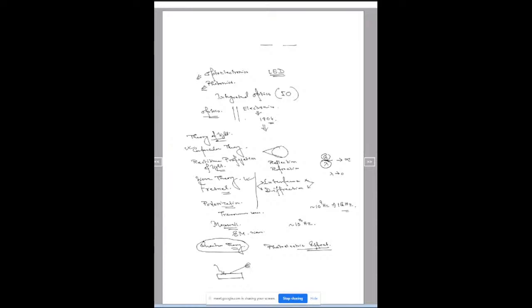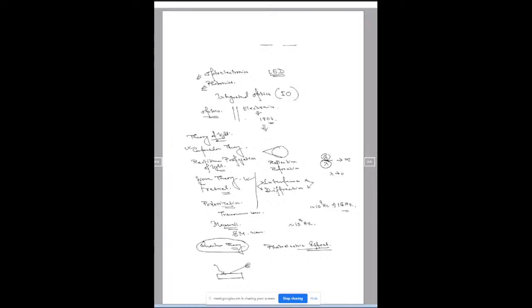So let us start with the fundamentals. You know that when it comes to studying semiconductor devices, quantum mechanics plays a very important role, right? And many of these basic derivations are done from quantum mechanics. I'll not get into quantum mechanics because that will not be possible within these 2 hours.